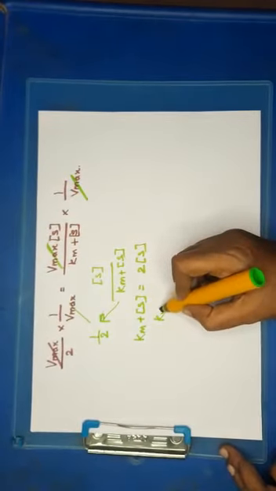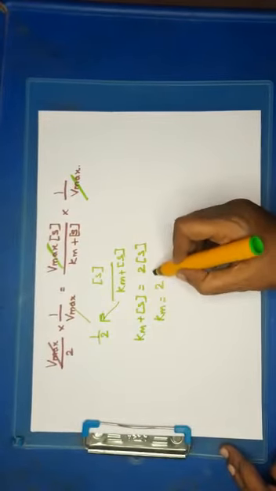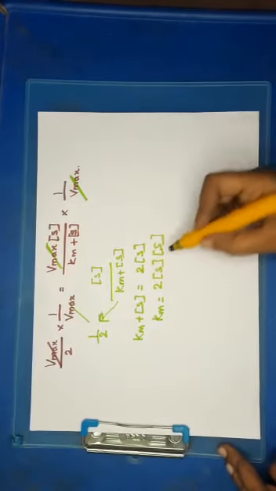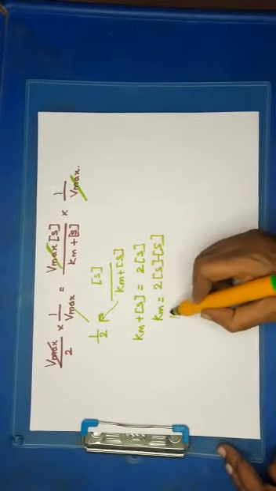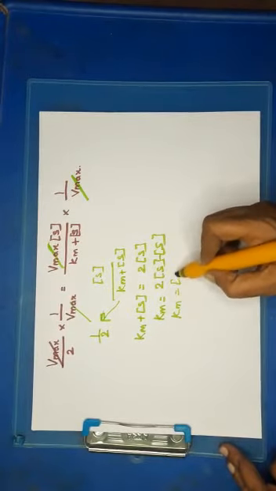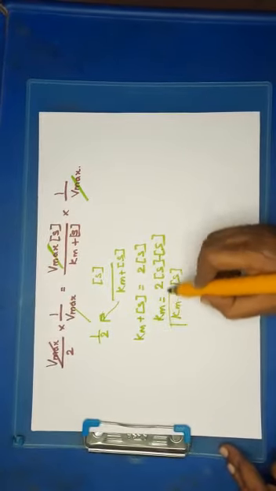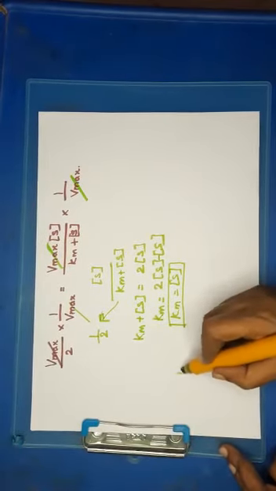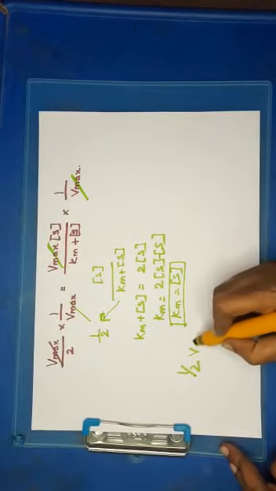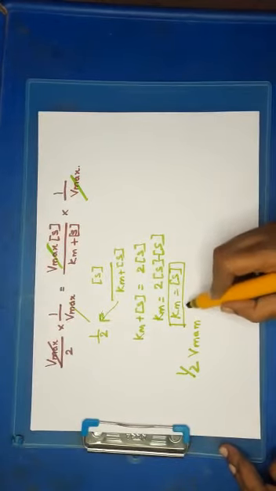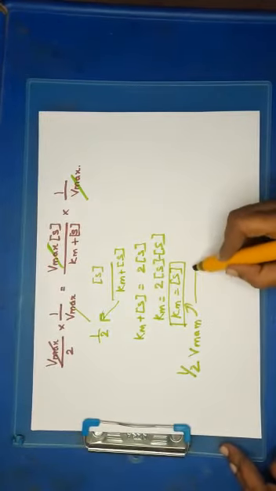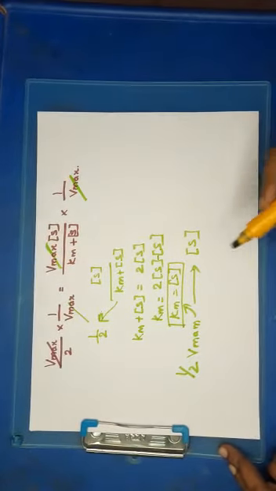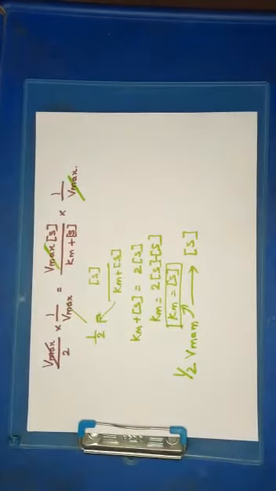So Km is equal to 2S minus S, that is Km equals S. Km determines the substrate concentration. So when the velocity of the reaction is half Vmax, the Km value determines the substrate concentration, as understood by the equation.